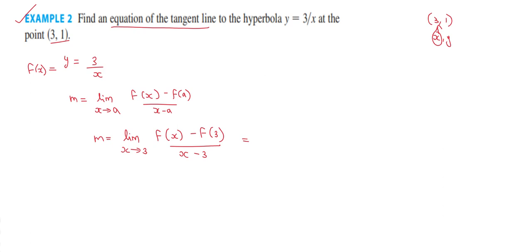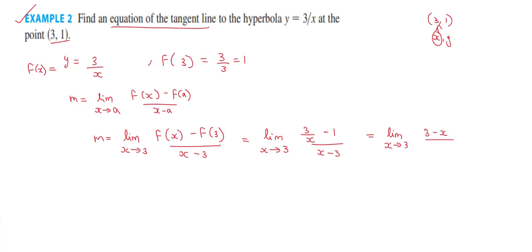Then f of 3 is 3 by 3, which is 1. So that is (3 by x minus 1) divided by (x minus 3). Solving it, we get limit x tends to 3 of (3 minus x) divided by x times (x minus 3).